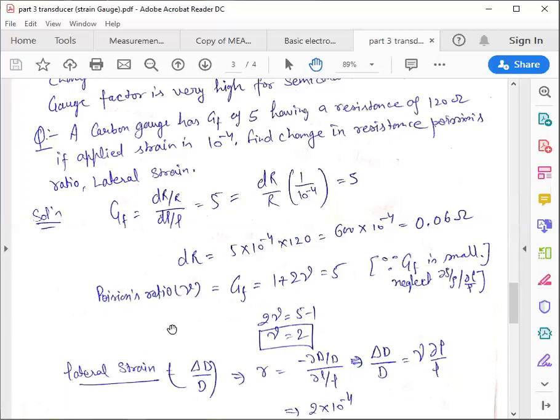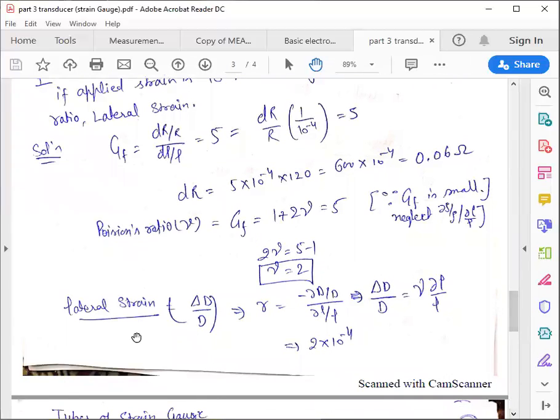Now Poisson's ratio. Here value of GF is 5, which is small, so we can neglect the term delta rho by rho divided by delta L by L. Now GF is equal to 1 plus 2V. Poisson's ratio V from this is equal to 2. Now lateral strain, he is asking about lateral strain.